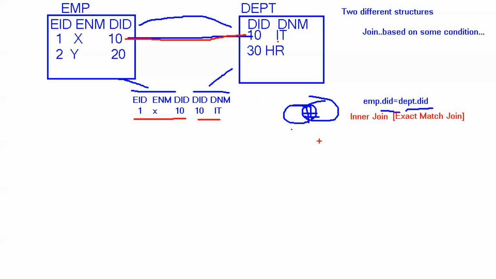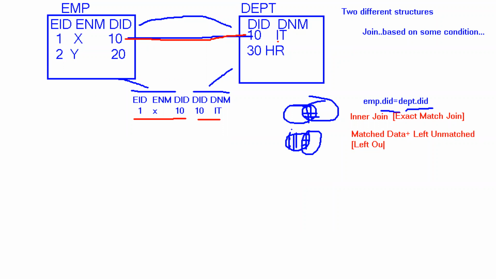And your customer said, no, I want matched data plus left-hand side unmatched also. Both. So what is my requirement? Matched data plus left unmatched.